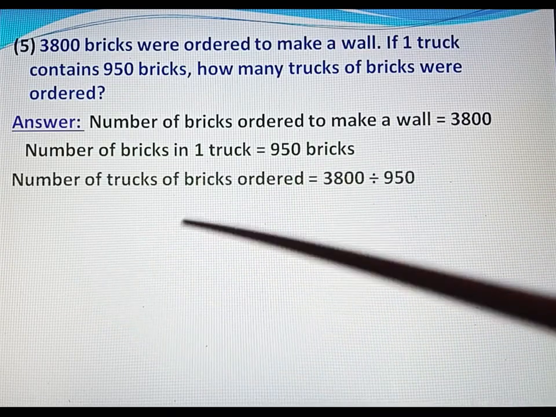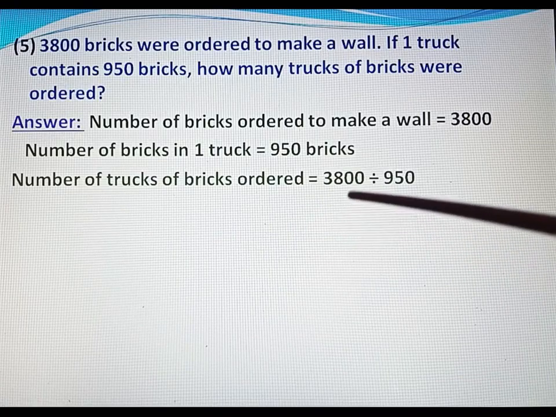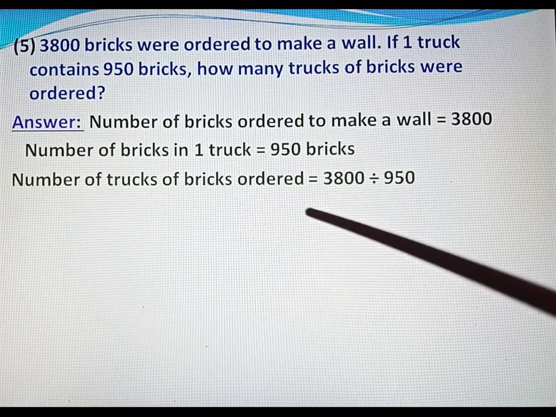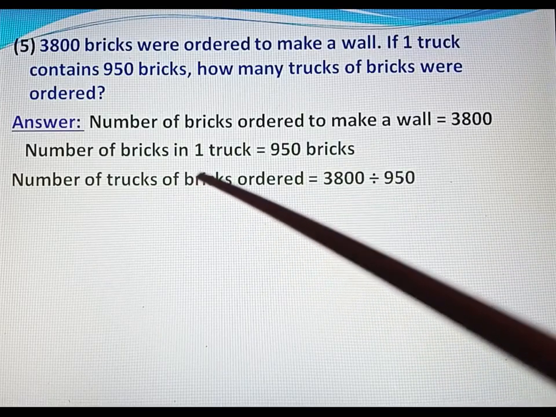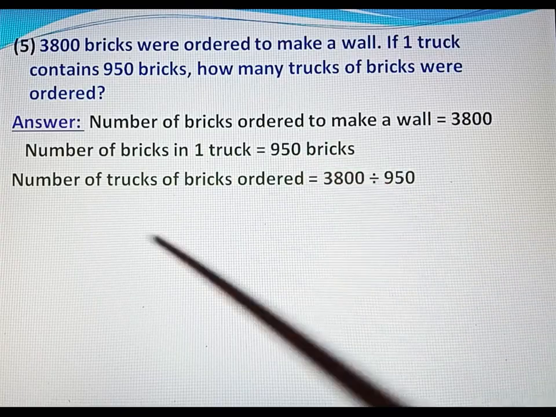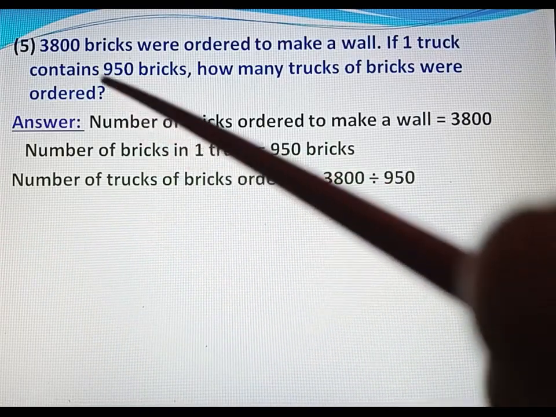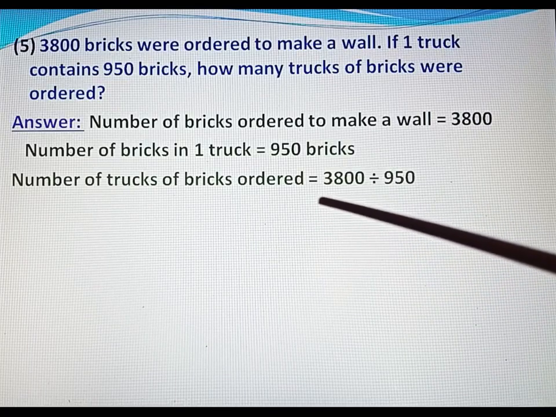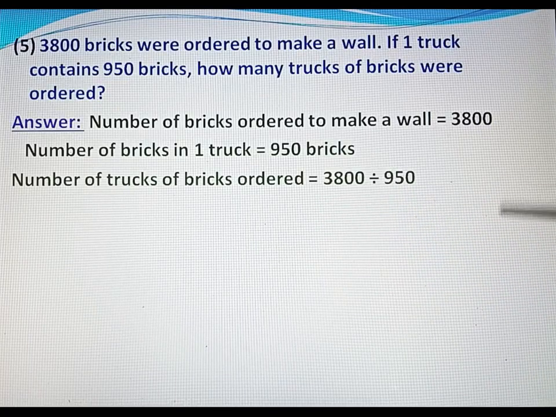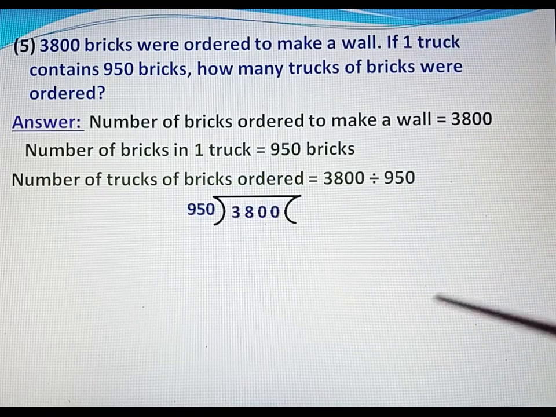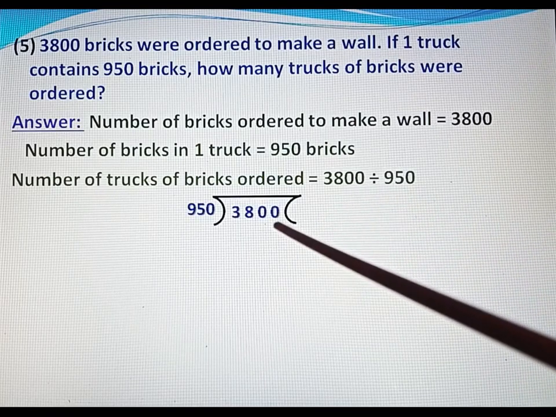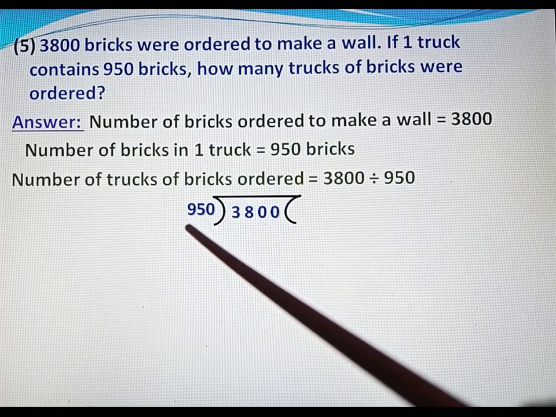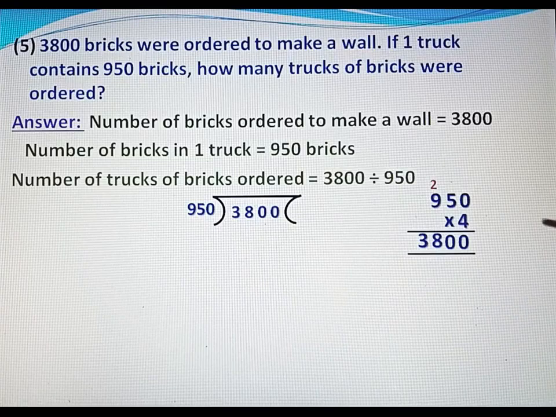So number of trucks of bricks ordered equals 3800 divide 950. Because how many bricks did we order? 3800, and how many bricks were in one truck? 950. So how many trucks do we need to get our 3800 bricks? So we will divide. We will divide 3800 by 950. See, 3800 is dividend, so we have written here, and 950 is divisor, so we have written on the left side. Now see, 950 multiply 4.